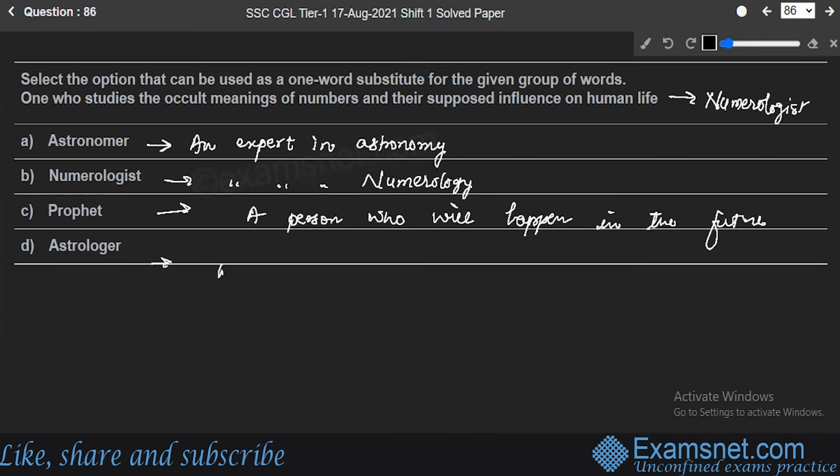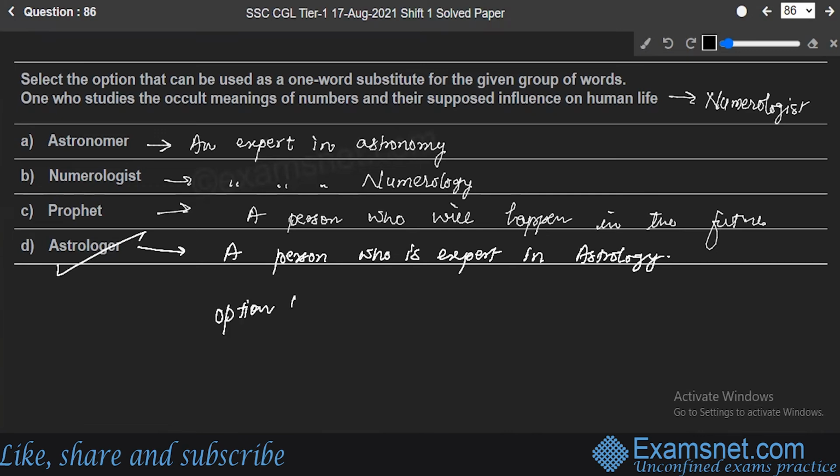Astrologer, a person who is expert in astrology. That's called an astrologer. So option B, numerologist, is the answer to the question. Hope you are clear. Then let's move to the next question, number 87.